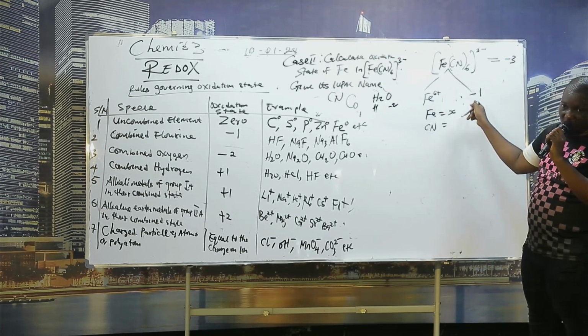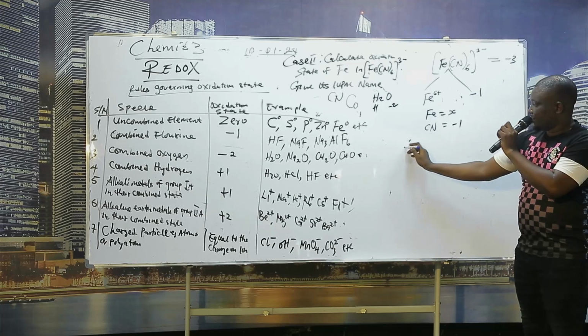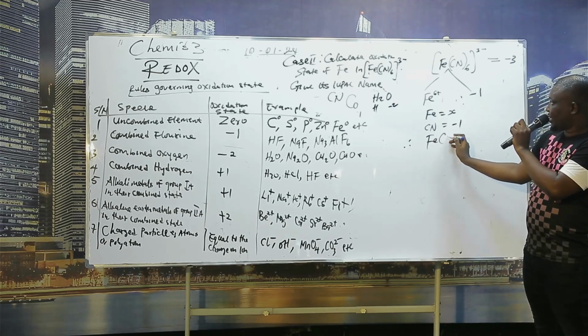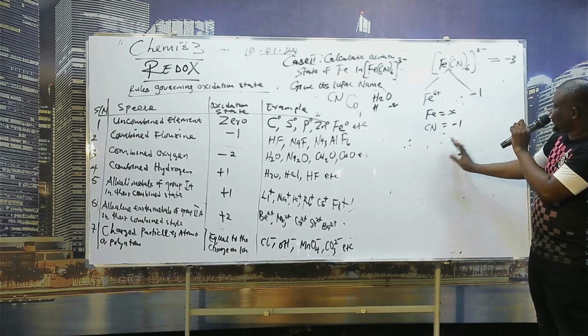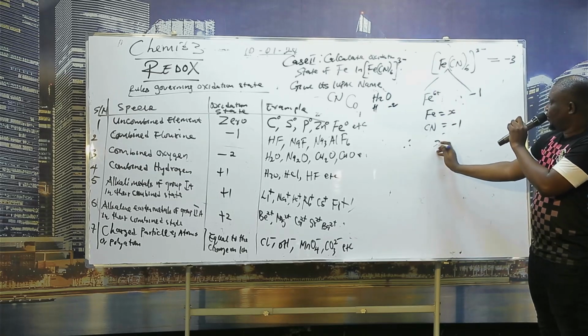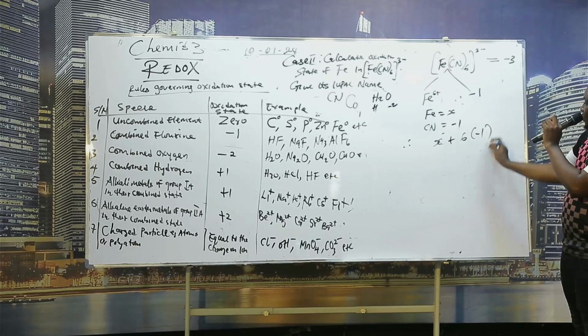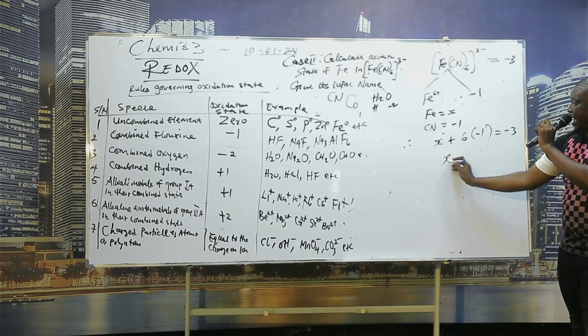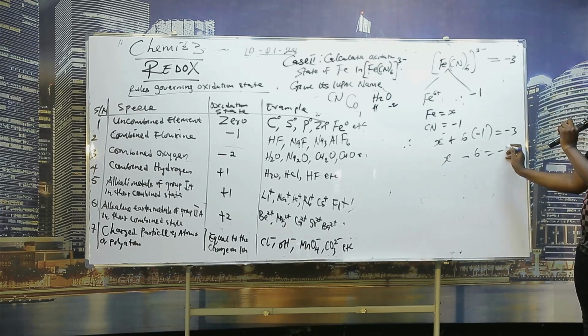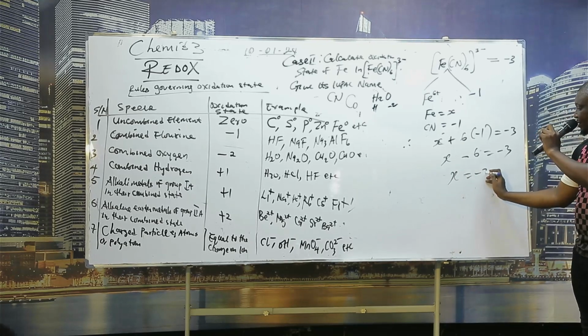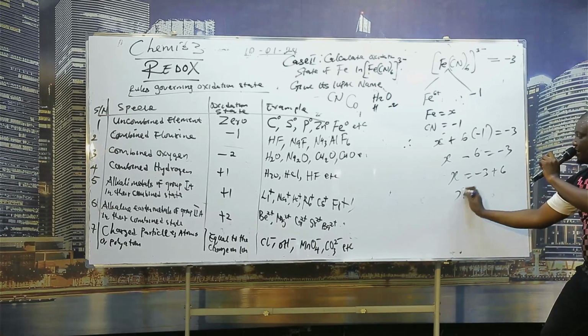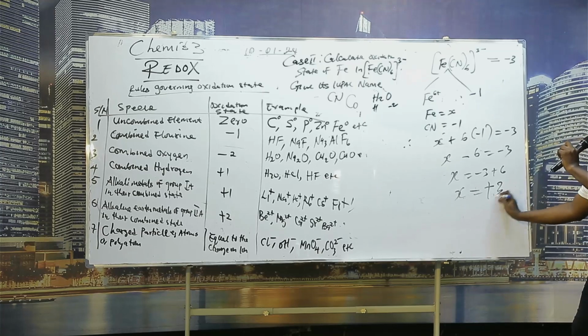CN, based on what I just did, is -1. Therefore, the sum: x plus 6 times -1 equals -3. x minus 6 equals -3. x equals -3 plus 6. x is plus 3.